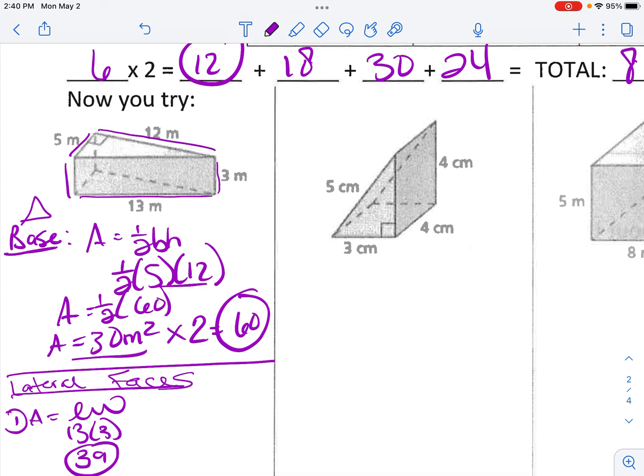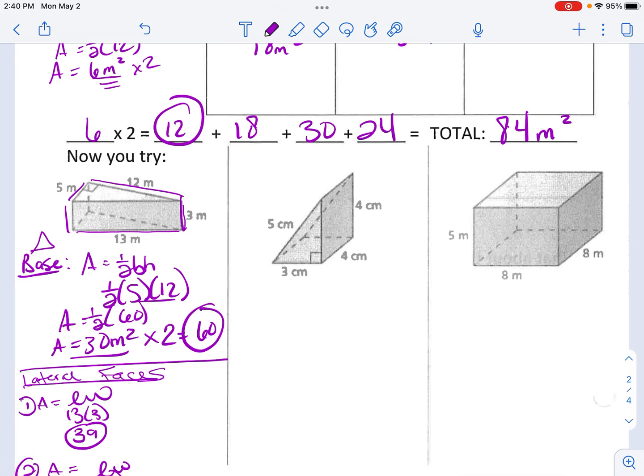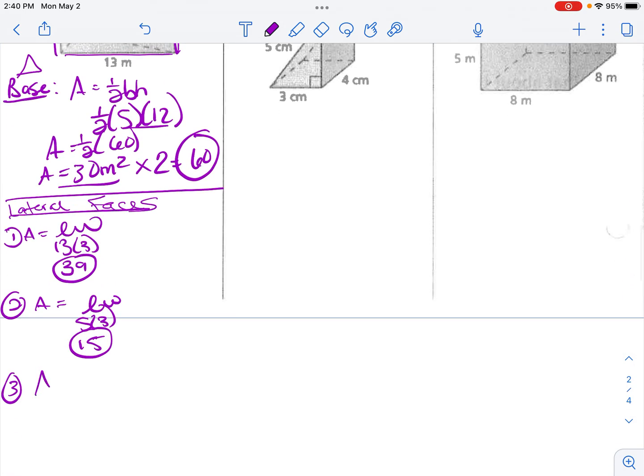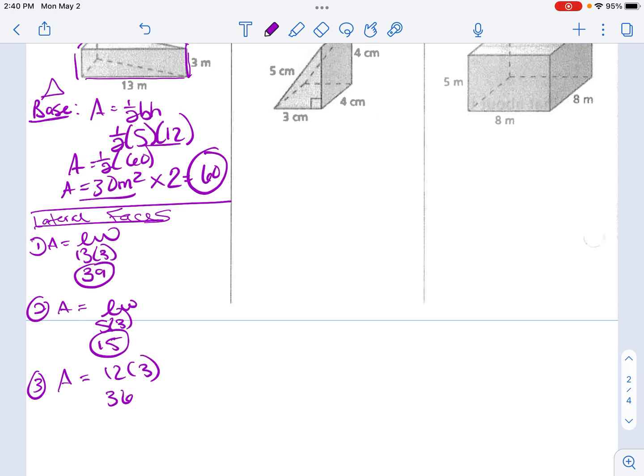And then back here, I've got a 12 by 3, or 36. Now I can add up the bases, which is 60 for the 2 triangles, plus 39, 15, and 36. 150 square meters.